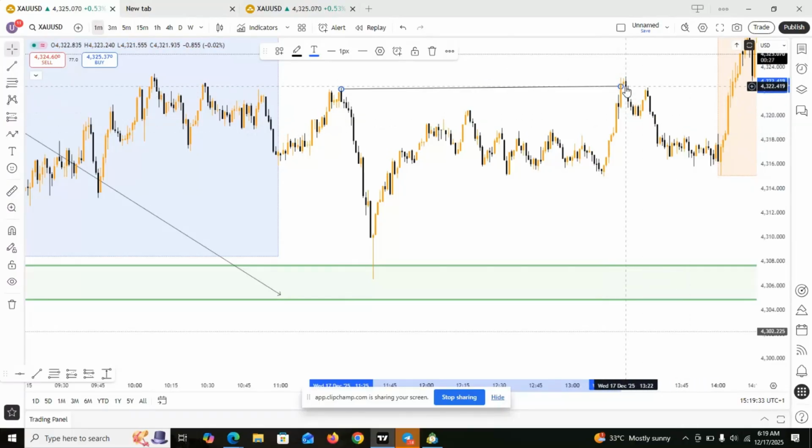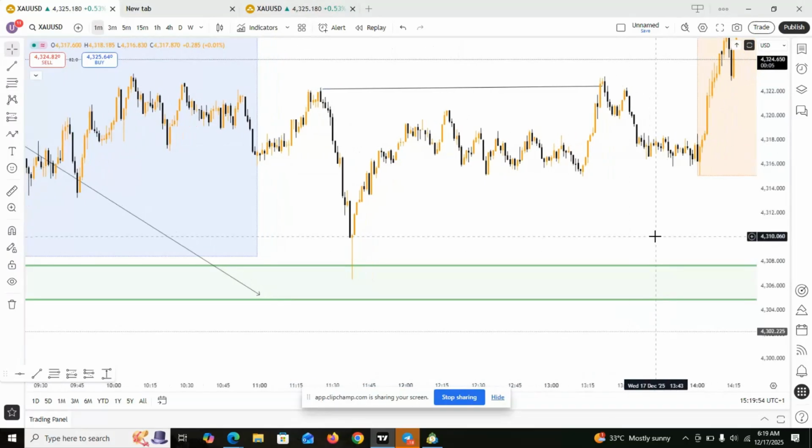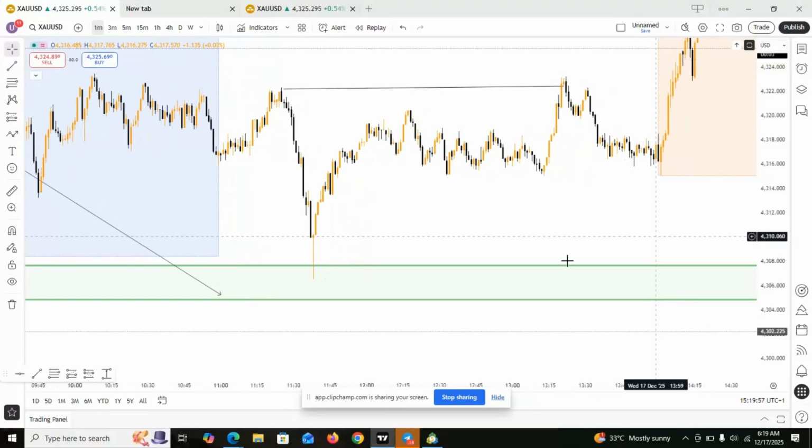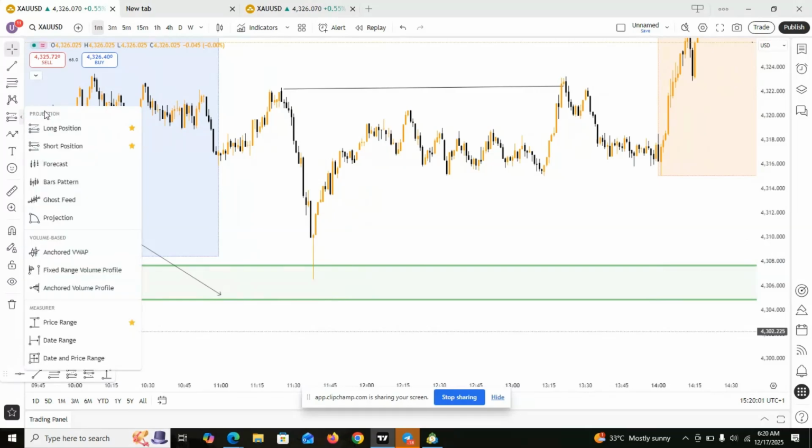So I waited for price to form a fair value gap. As price came to the first fair value gap here, price gave me this bullish engulfing candle, and I picked up a buy. This explanation is very simple.